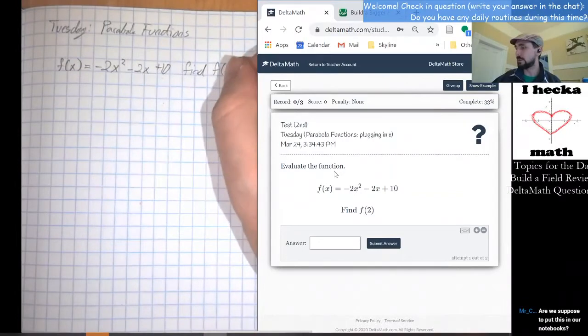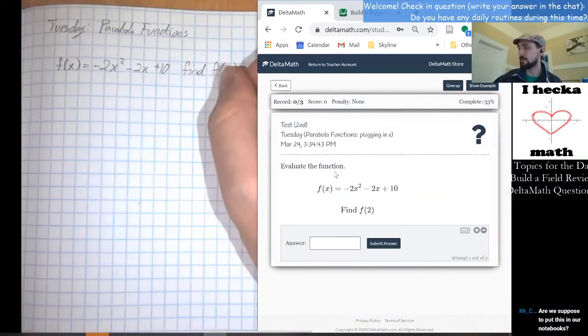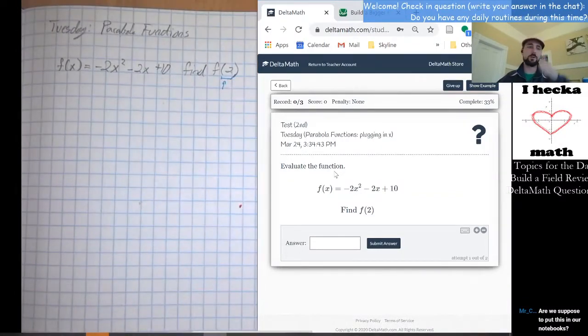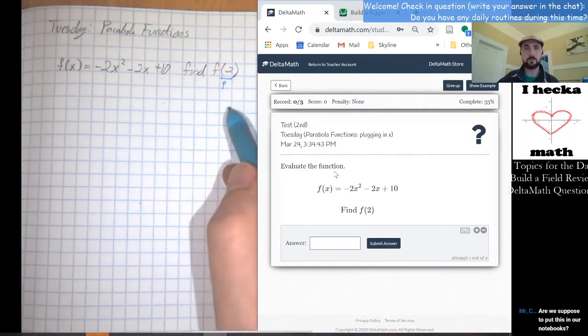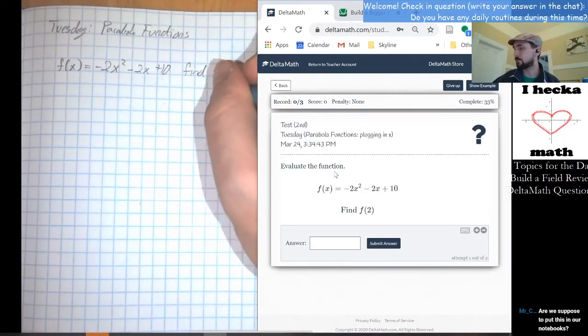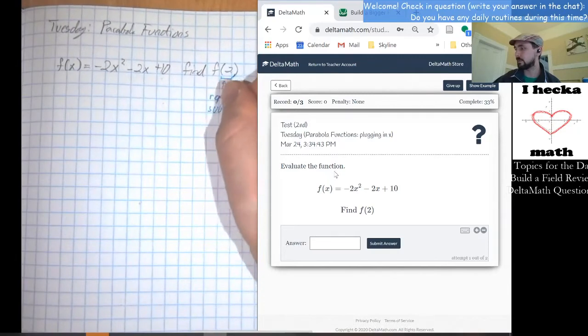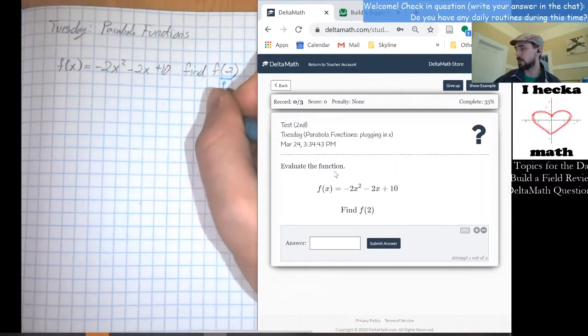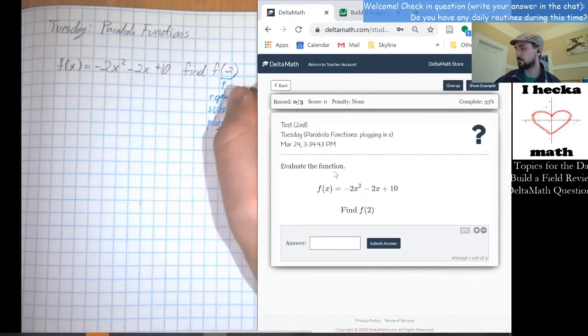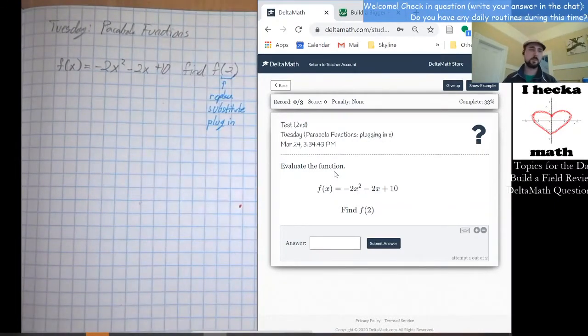When you see this 2 here, this is telling you to replace, substitute, or plug in the 2 for the x.